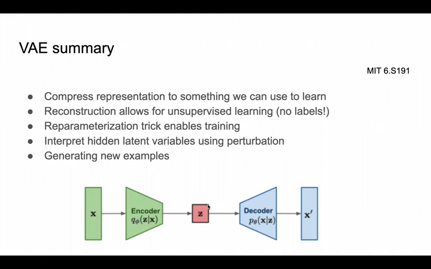VAE can interpret hidden latent variables using perturbation, that is, introduce this normal Gaussian noise on the construction of the latent space learning. Using the VAE, it allows us to generate new examples because of the variation nature on the input latent space. And because of this, it introduces a major difference between the autoencoder and variational autoencoder.